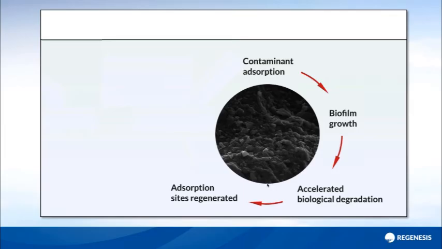This then regenerates the adsorption sites so that as more contaminant mass comes into the treatment area through back diffusion or through advection from up gradient, more contaminant mass can get absorbed, and round this circle we can go again and again. The PlumeStop itself is not consumed by the process, but the contaminants that get sorbed onto the PlumeStop can then be destroyed, freeing up the sorption sites for further capture.